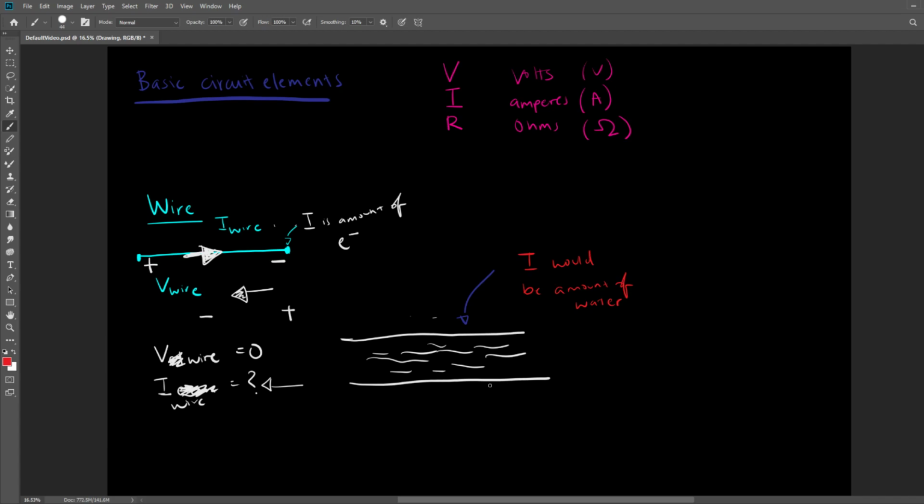And then, because I would be the amount of water, then V, in my mind, would be the potential of this water, so aka the energy of that water.